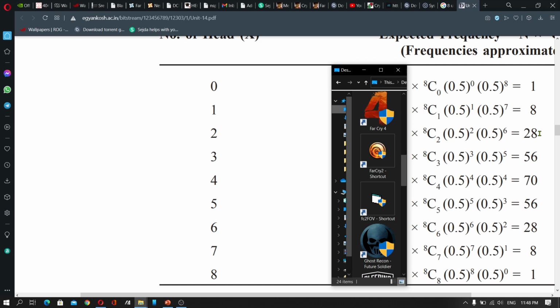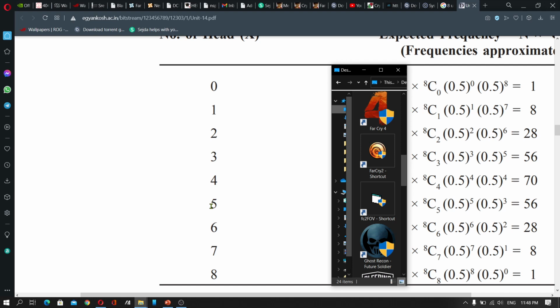And the last question was the number of heads ranging from 3 to 5. I hope you remember the question, we are not going back to check it. The question was: number of heads ranging from 3 to 5. How many numbers are there between 3 and 5? That is 3, 4, 5.